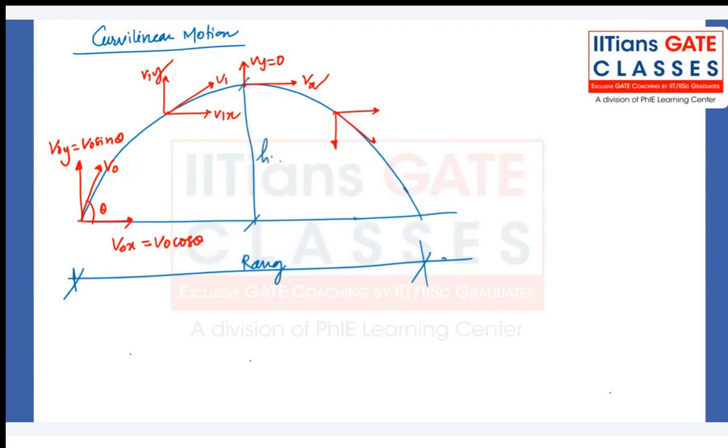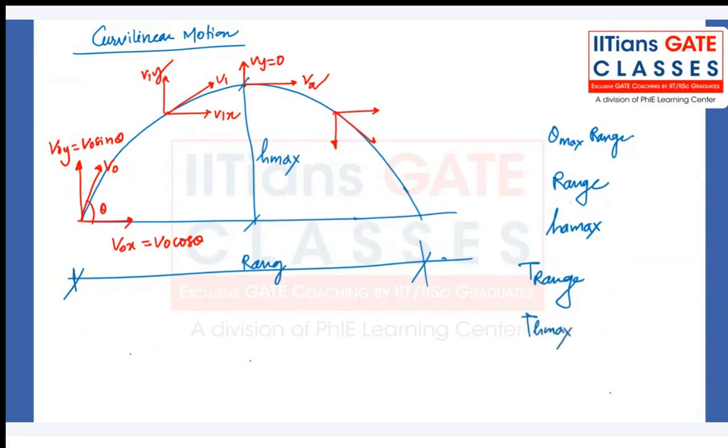So what you should know is theta for max range. You should also know how to calculate the range of the projectile motion, how to calculate H max, meaning the maximum height the projectile can reach. And time for range, it means how much time the particle will take to travel the entire range. T of H max means how much time the particle will take to reach the maximum height.